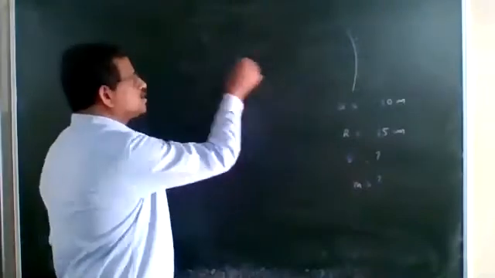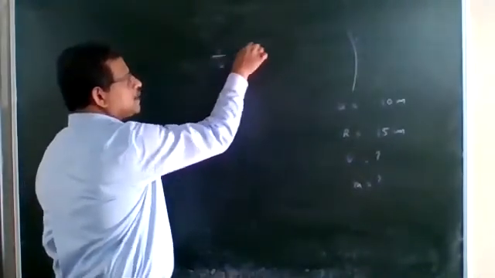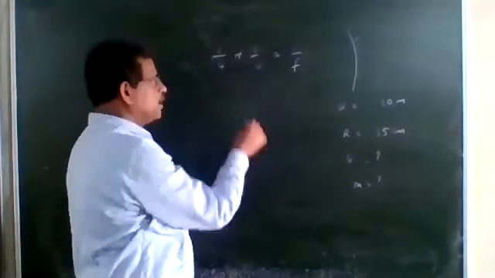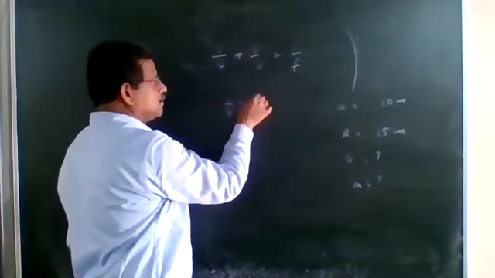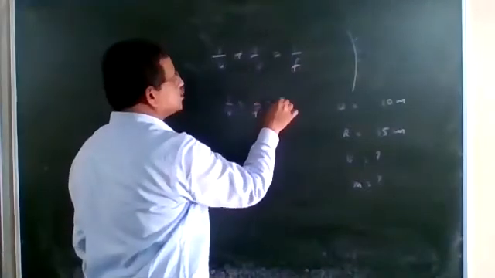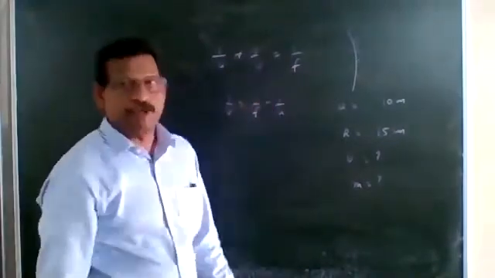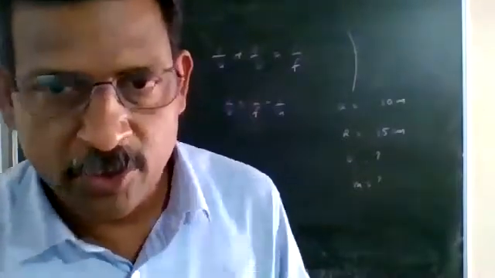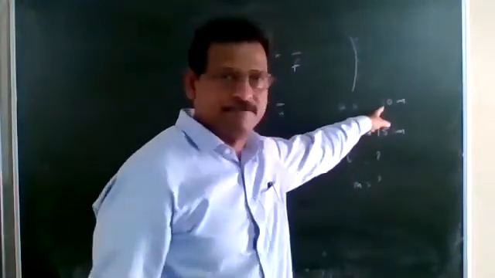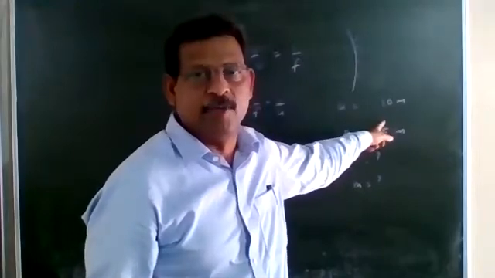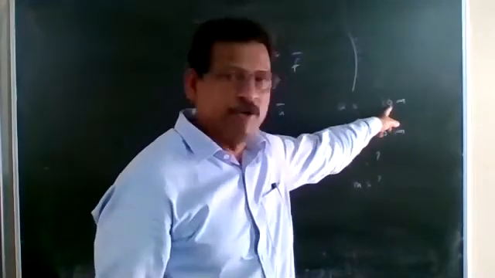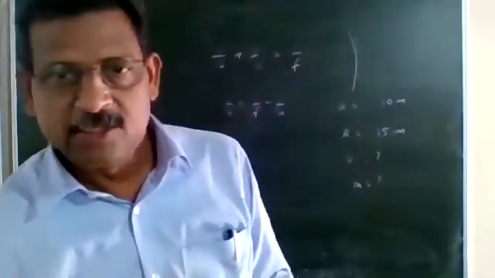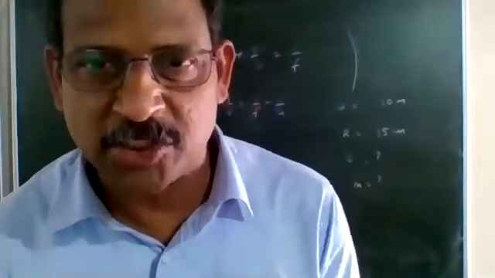So the mirror equation is 1 by u plus 1 by v is equal to 1 by f. You want to find the value of v: 1 by v is equal to 1 by f minus 1 by u. Now, a very important point: you have to substitute numerical values with the sign convention.